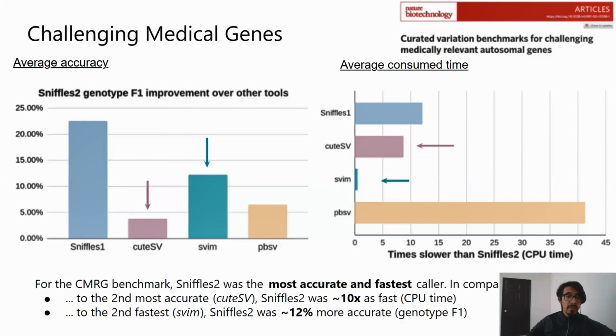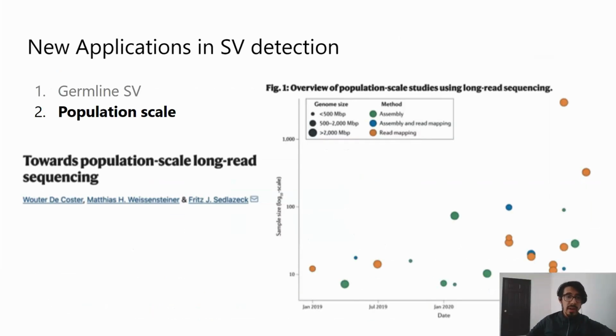So we have now shown you that Sniffles 2 is the best in general SV calling. Now we go for a different approach, and we present new applications in the realm of structural variant calling. In this case, a recent review by our group has shown that the number of individuals sequenced with long-read technology is rapidly growing.